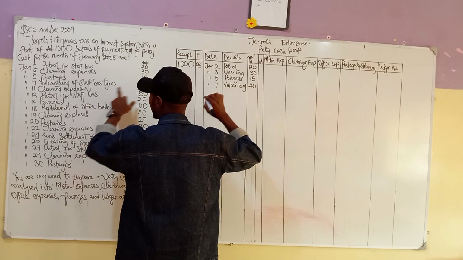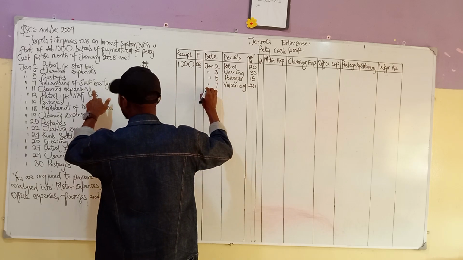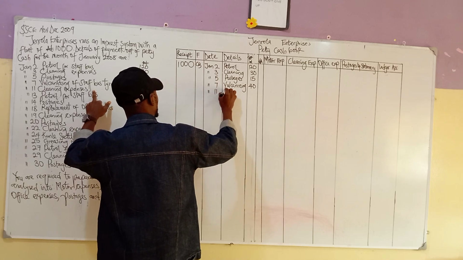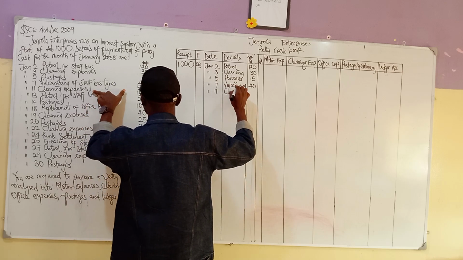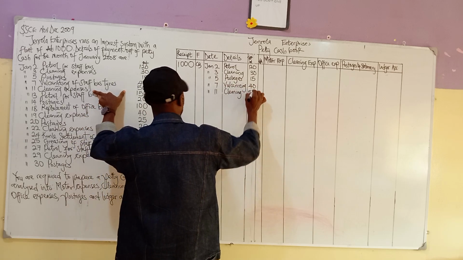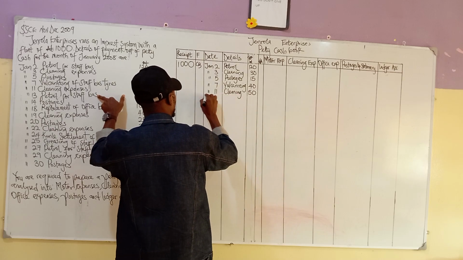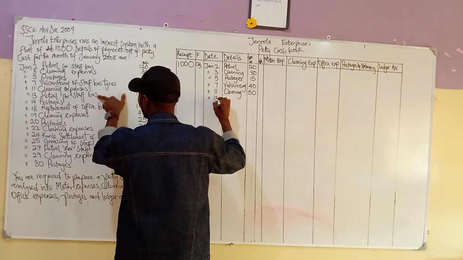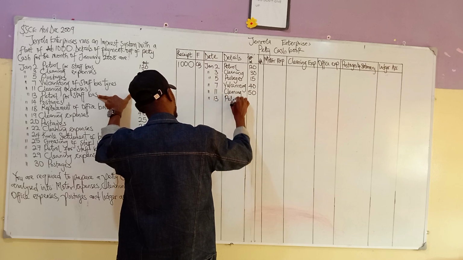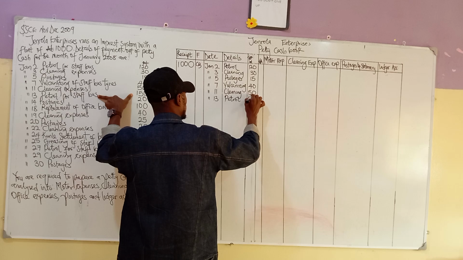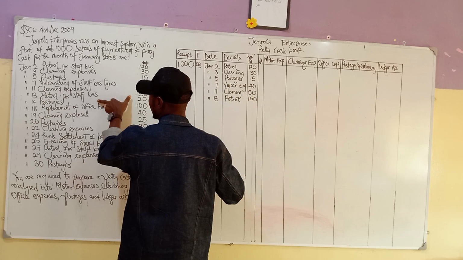Then we have cleaning expenses on January 11. So I have cleaning, which is 50. Then January 13th, I have petrol for staff bus. Petrol for staff bus is 150 naira.